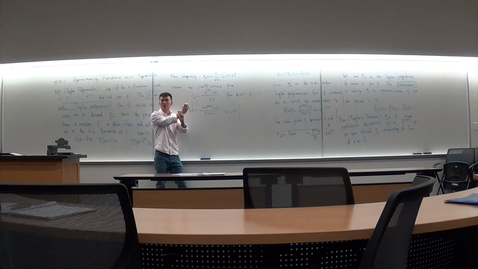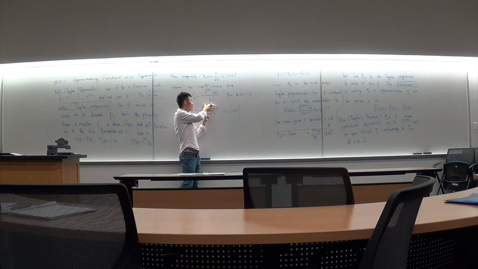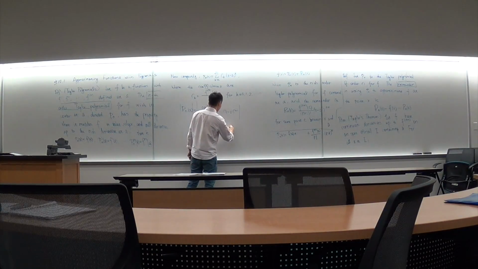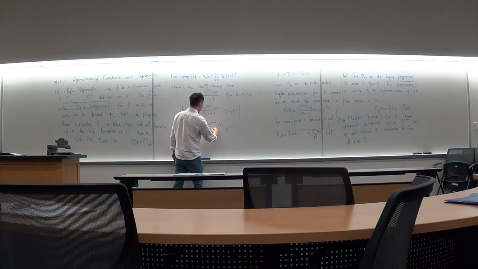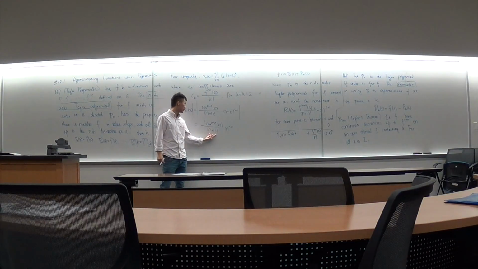Now, what do we know about the sine or cosine function? Are they bounded? Yes. So this part is always bounded by 1. It's always smaller than or equal to 1. And then this is x to the n plus 1 over n plus 1 factorial. I didn't put an absolute value on the factorial because n plus 1 factorial is always positive.